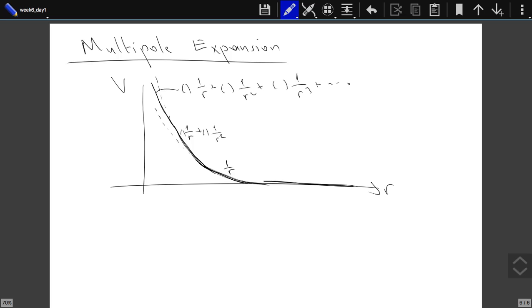So we don't know the charge distribution, but if you identify those coefficients appearing in this expansion in 1 over r, you can say something about what the charge distribution of your system is. So okay, this is what in real life we can actually do.